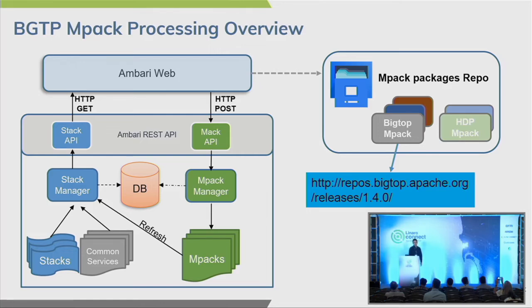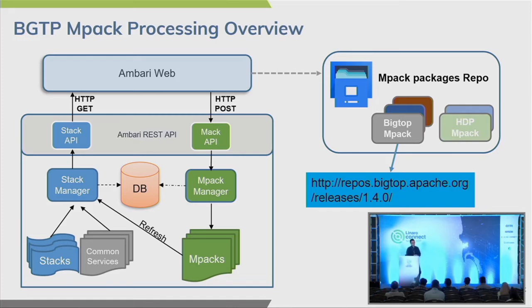Okay, this is our Bigtop Mpack process overview. It also shows the interaction between the Ambari Web UI and the Ambari core. The Mpack manager will get the command from the Ambari web and select our Bigtop Mpack, and this Mpack will trigger the stack manager to pick up the specific stacks to deploy several services on the Ambari engine.